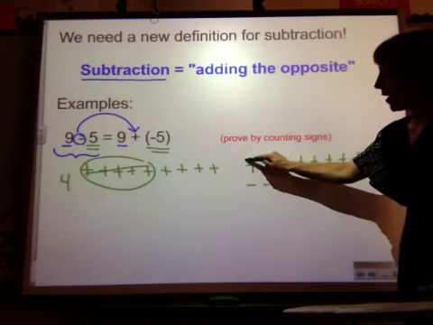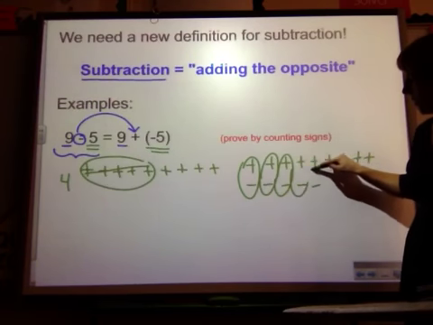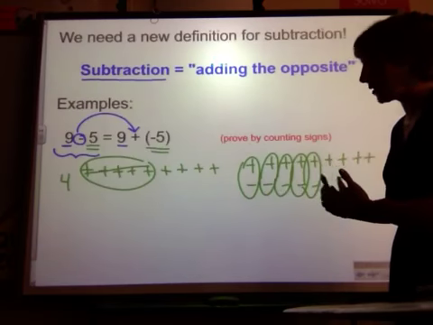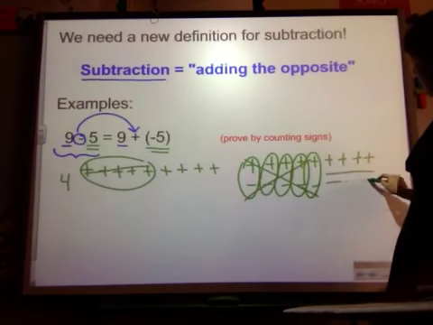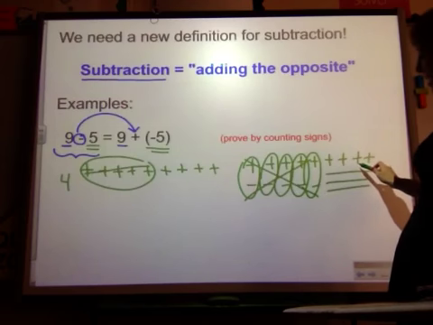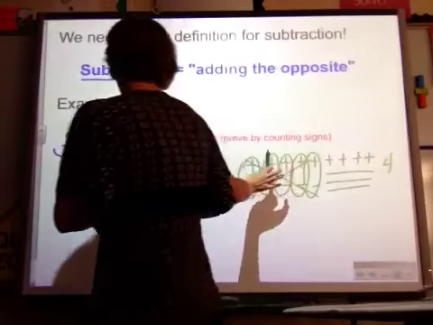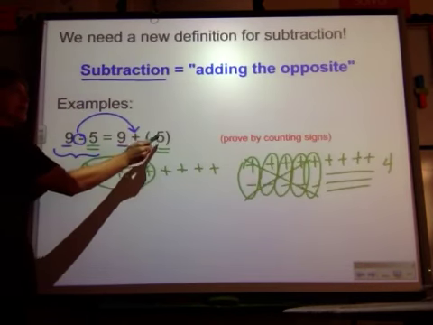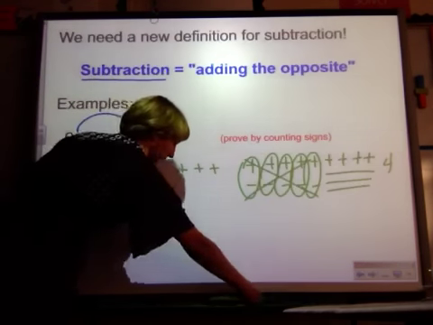And remember that our negative positive pairs are called our zero pairs because a positive and a negative basically go together to wipe each other out. They become 0. So all of these wipe out, and what I'm left with is 4 positives. So I still get the answer 4, which goes to show that when I'm subtracting a number, adding its opposite is going to give us the result that we're looking for.